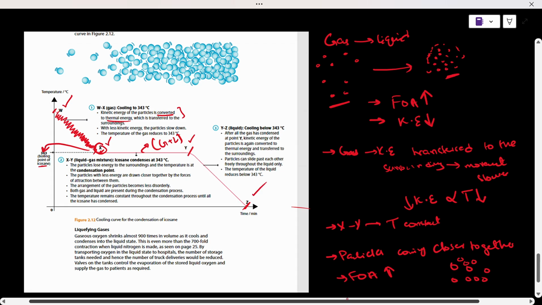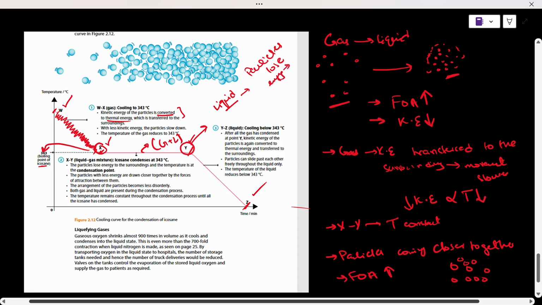What's now happening is that at point Y, all of the gas has been converted into a liquid. Now you're still cooling it, which means energy is being transferred out from the substance to the surroundings, and particles lose energy.